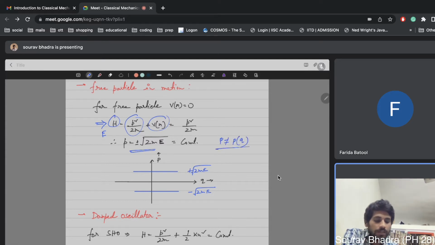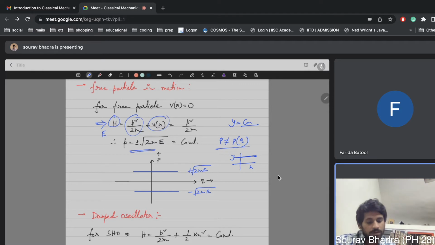That means you have an xy plane and you want to plot a function y equals constant, which is not a function of x. So y equals constant means this type of line you will get in your xy plane.